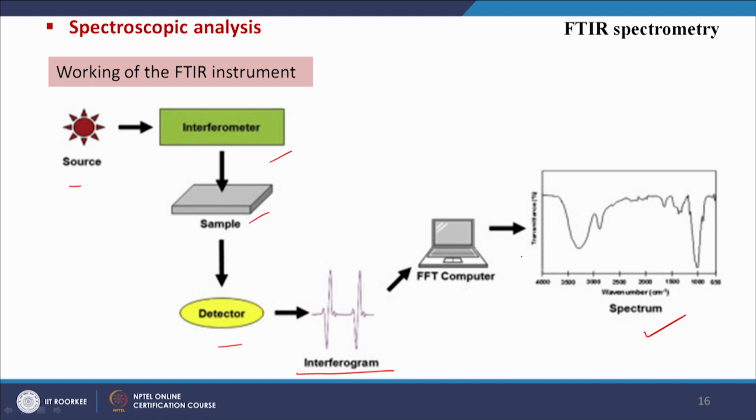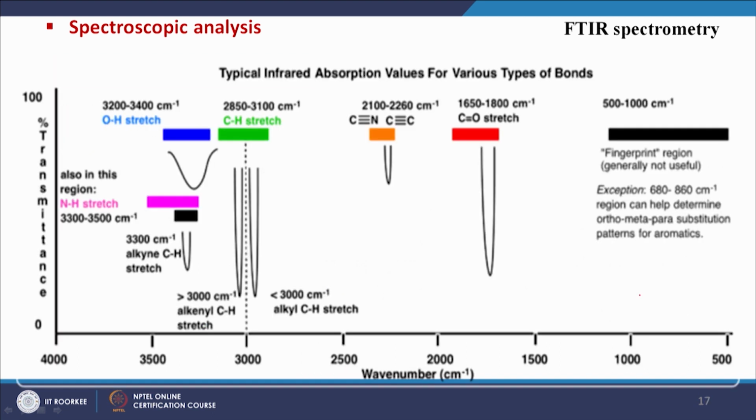Here we have transmittance, and this is our wave number. If we see this type of spectra, this is our percentage transmittance, and this is our wave number. In this wave number axis we get different peaks due to transmittance.